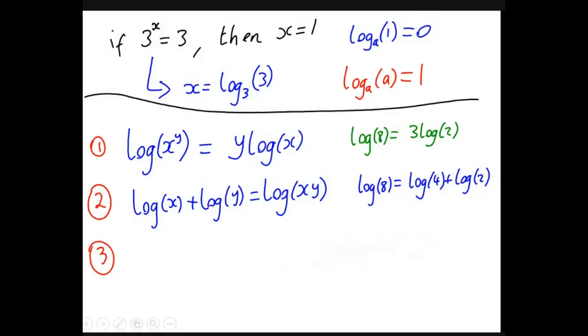Cool, okay, and what's our third rule? So Felix kindly gave us our second rule. Now our third rule is actually kind of related to our second rule. I think I know. Yeah? Is it log x minus log y equals log x divided by y?